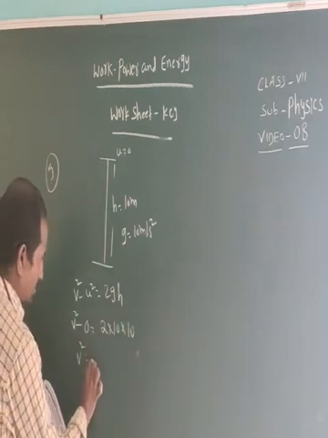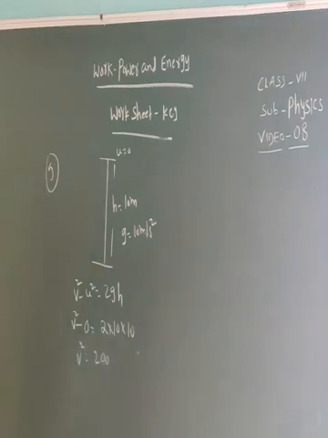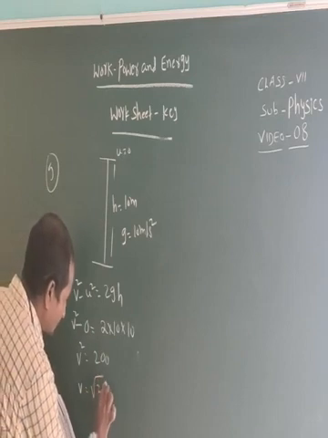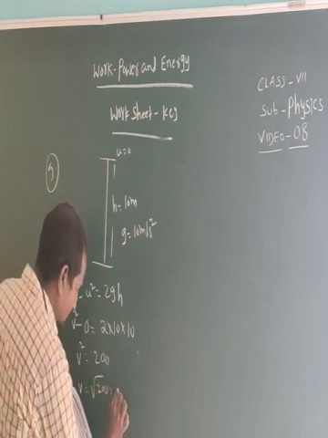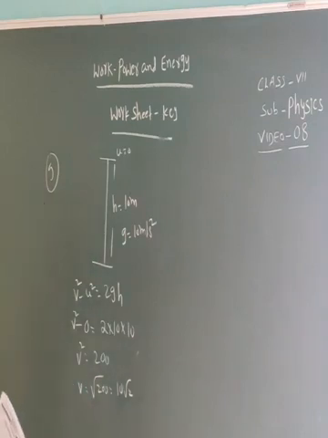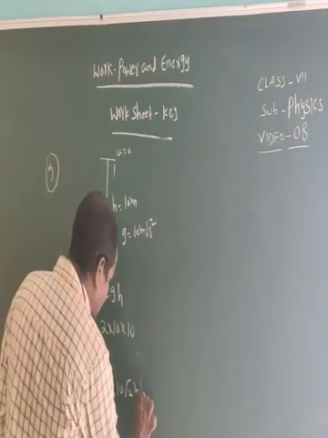So v square equal to 200. So here v equal to root of 200, that equal to 10 into root 2. So it is the final velocity of the body.